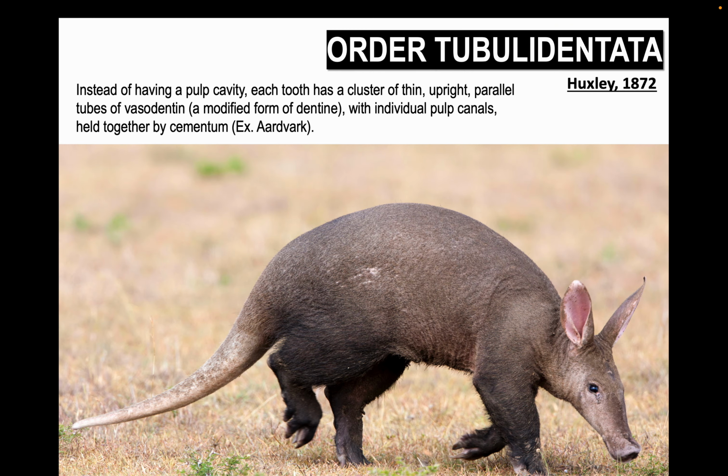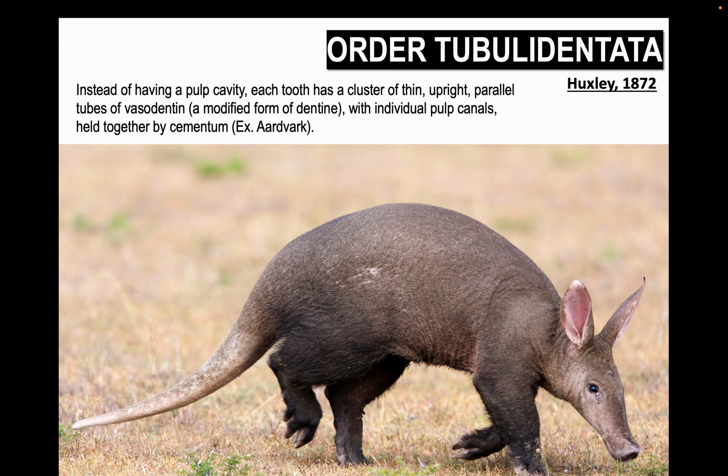Then we have order Tubulidentata. These groups of animals, primarily represented by the aardvark, have a pulp cavity characterized to be composed of a modified type of dentin called vasodentin, no?